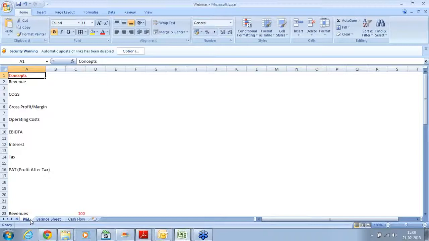Then, after you have analyzed the revenue, there is something called COGS, an acronym for the term cost of goods sold. This is basically, in very simple terms, trying to analyze all the direct costs involved in getting your revenues.